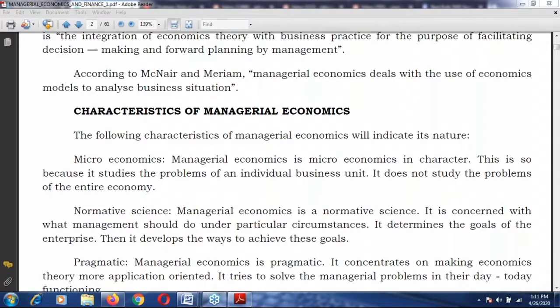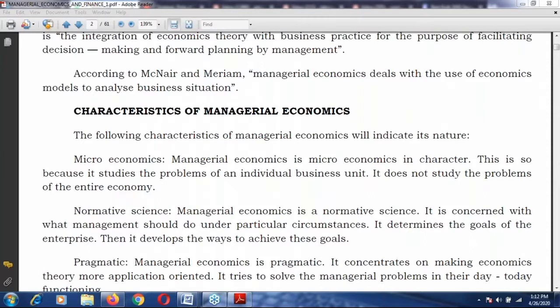Managerial economics plays a vital role in modern business because it helps the management of a firm in decision making, because it has to take into consideration such external factors as the growth of the national income, the volume of trade, and the general price trend for its policy decisions.